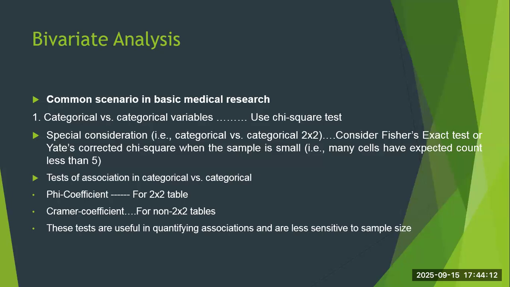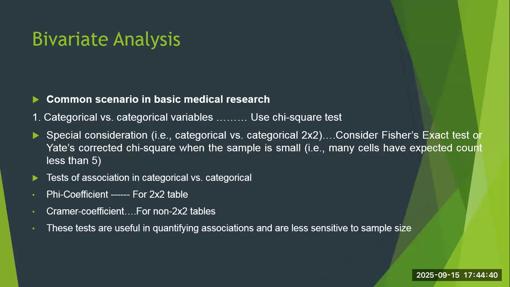Now, the very first of it is when you want to compare two categorical variables. For instance, you want to compare the side effect profile with regards to vomiting status, whether somebody vomited or not, between people who received fentanyl, like an anesthetic. He has two groups.